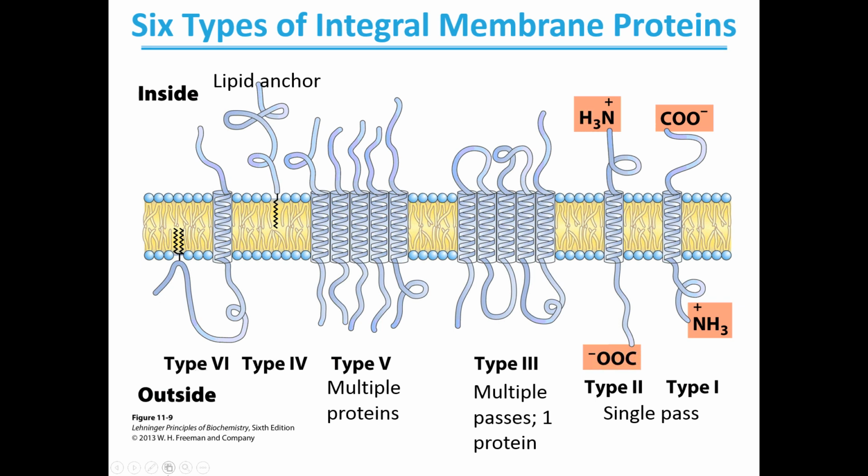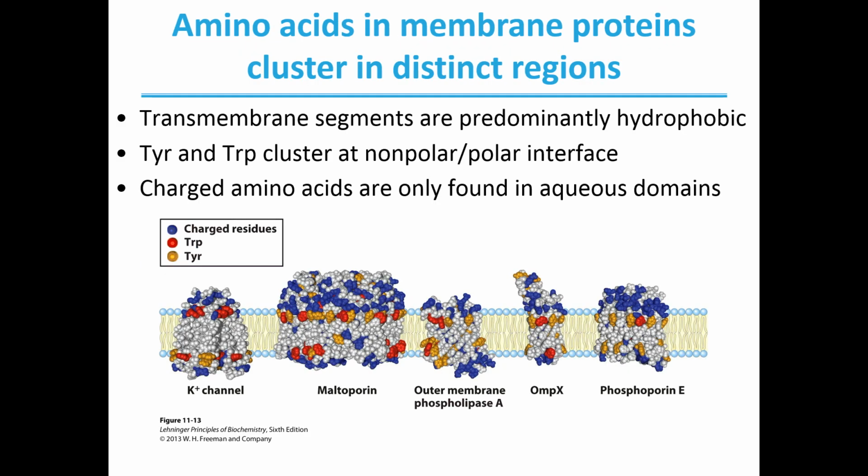This graphic shows you a little bit more. It's got the space filling model for the proteins, and it allows you to see all of the white residues. Those are hydrophobic residues. So you can see they're highly concentrated within the hydrophobic region of the membrane. The more charged residues are in blue, and you can see the majority are outside the membrane.